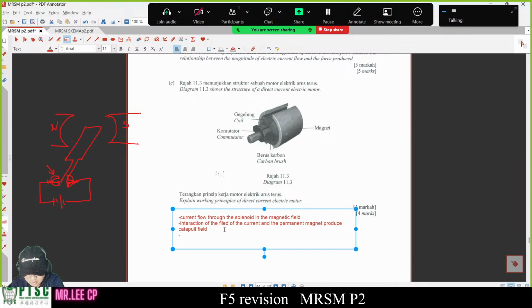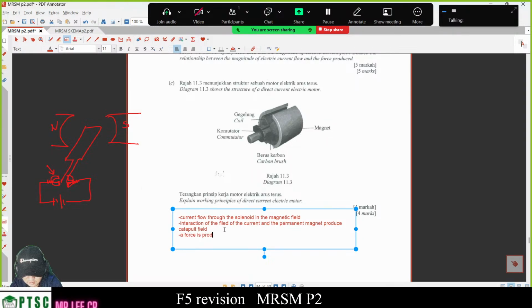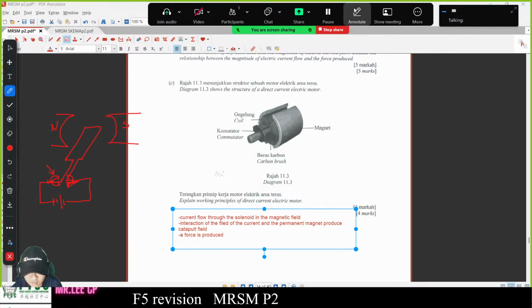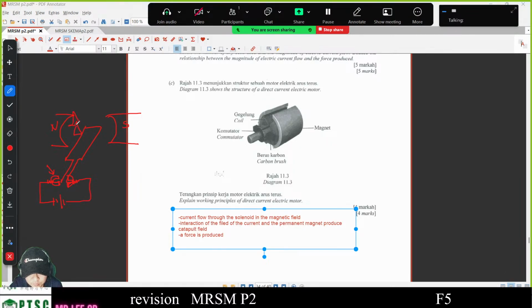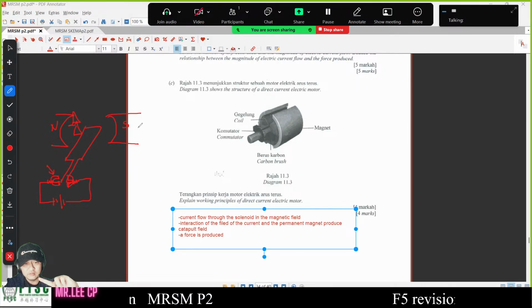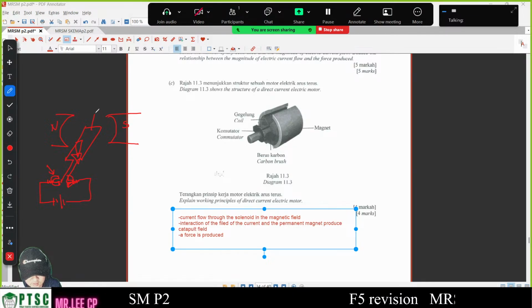So a force is produced, meaning that there is a force pushing it upward or downward. All right, so north to south, current flows in. This one is going downward, so this one is going upward.